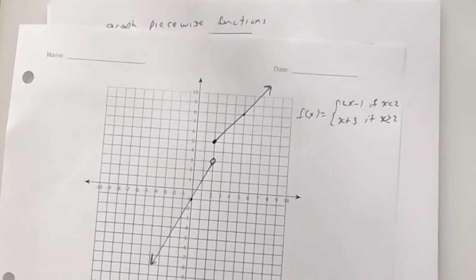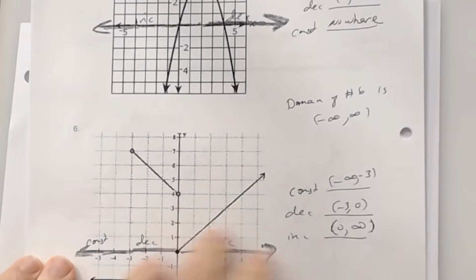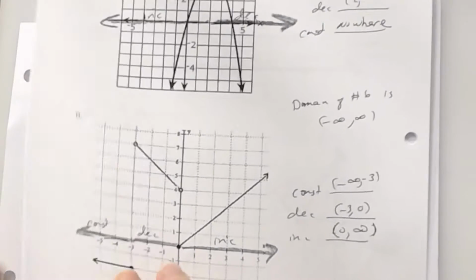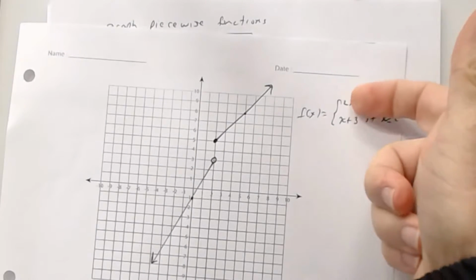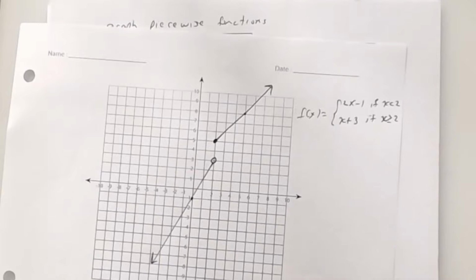Now, when we looked at this the other day, how many pieces were in this function right here? 3. So my function would have how many parts here? 3. All right, but for us, when we graph these, we're only going to look at 2 of them.